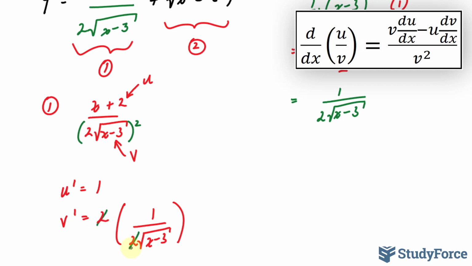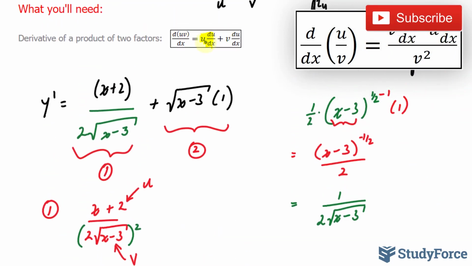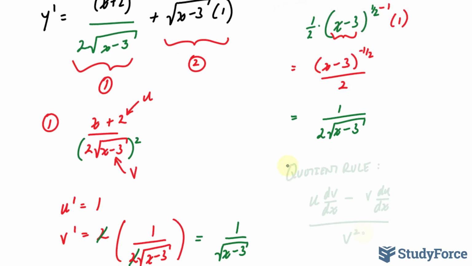This 2 and this 2 cancel out, leaving us with v prime as 1 over the square root of x minus 3. According to the quotient rule, it's actually almost the same as the product rule, except instead of this plus, there's a minus. And of course, you're dividing by v to the power of 2. So I'll rewrite the quotient rule right here in case you forgot.